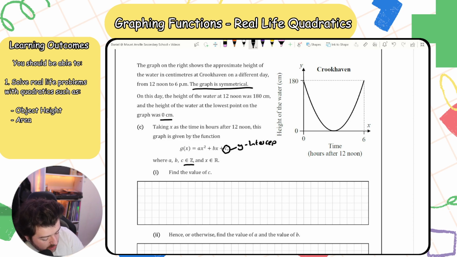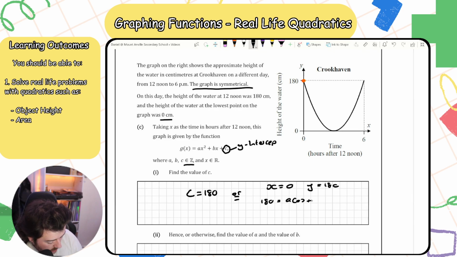And where does it cross the y-axis? Well, it crosses the y-axis at y is equal to 180, right? So c is going to be equal to 180. Or what you could have done is let x equal 0 and y is equal to 180, or g of x is equal to 180. So 180 is equal to a times 0 plus b times 0 plus c. 180 is equal to c.